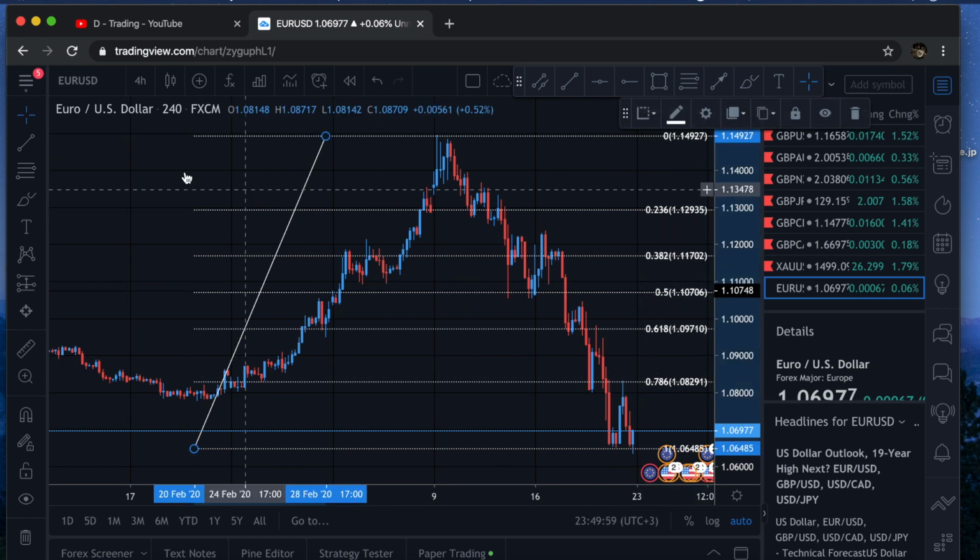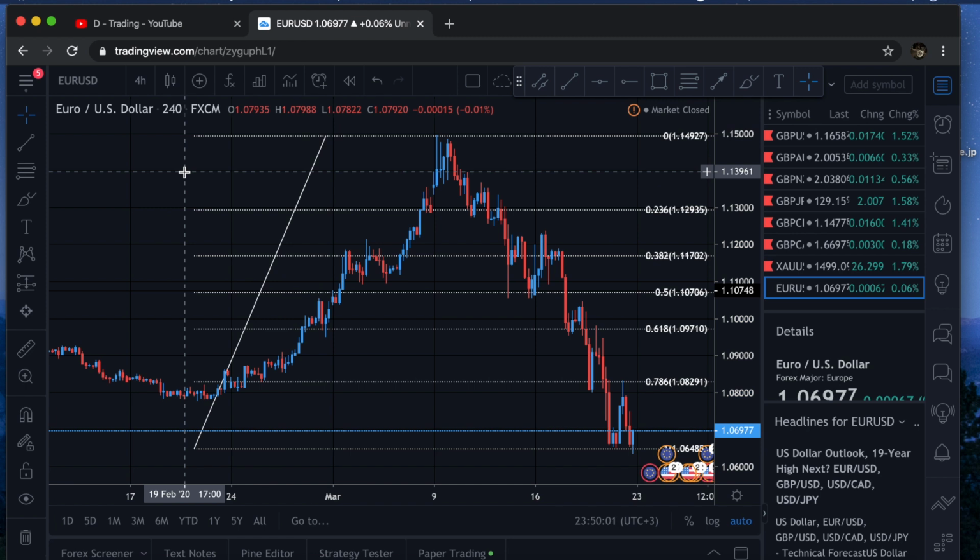Now, Fibonacci is really nothing more than support and resistance. What it does is it helps you catch a very small retracement or reversal. So this tool is going to help you catch that small reversal that happens in the market. You can call it a retracement, a reversal, or a pullback.